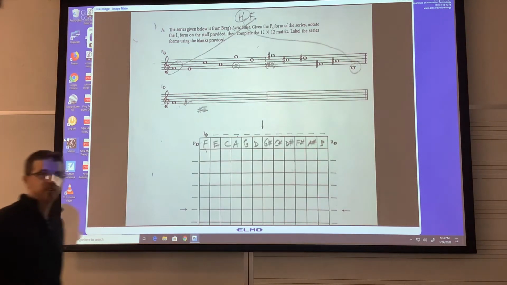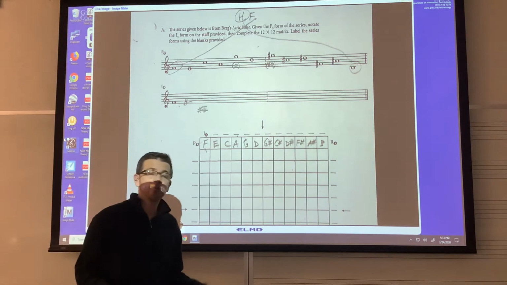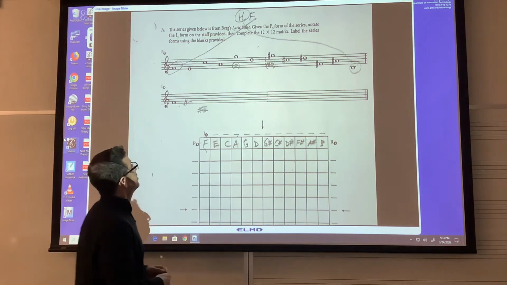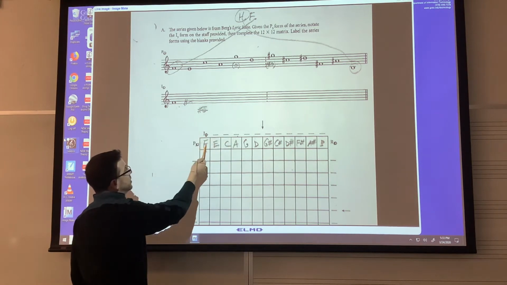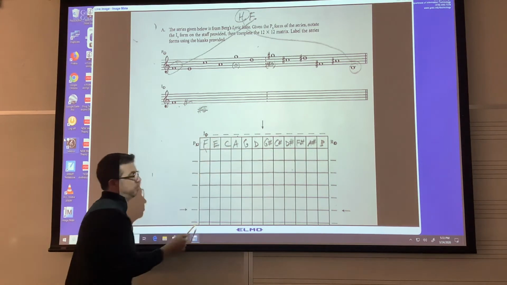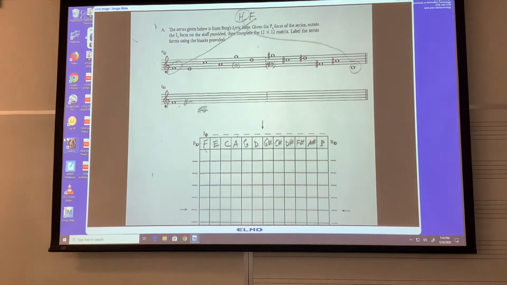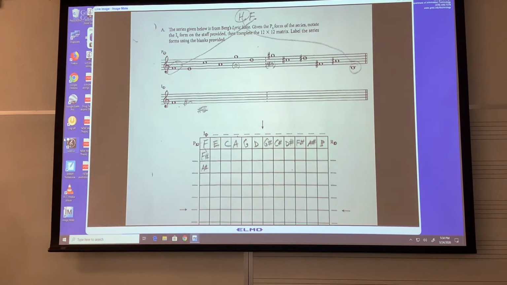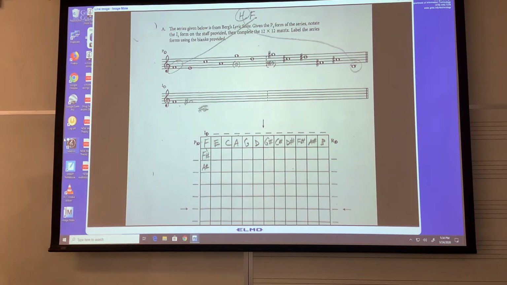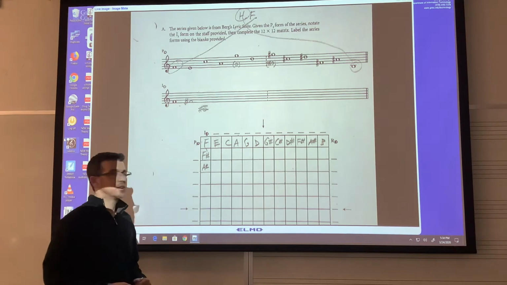Well, anyway, I'm not going to do the whole thing because this is the homework. I want you to try it out. But once you've got your I0, then starting on F, you'll put it here for I0. And you'll go ahead and put all that in.